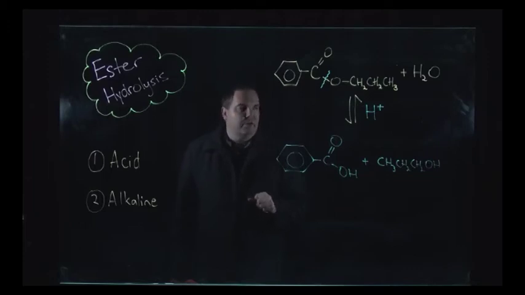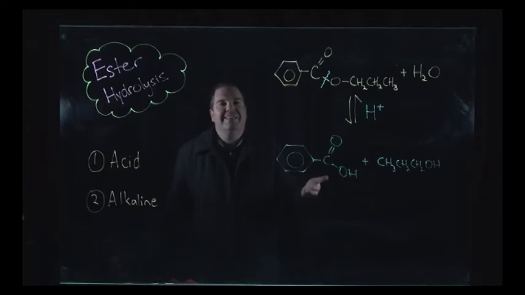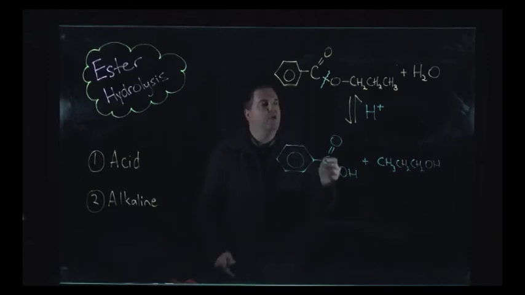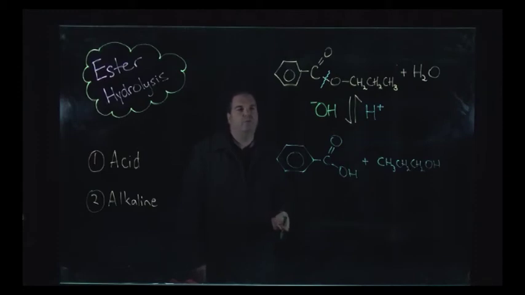Okay, so under acidic conditions, you can see if you've got a non-polar acid, which is insoluble in water, you kind of need to do an alkaline step anyway, or a reaction with a base to make it water soluble to separate it. So what we normally do, okay, and I'll go to a different colour, so hopefully this will show up nicely for you, is we normally do our esters under alkaline conditions. So we use something like hydroxide ions. So we might add in some sodium hydroxide or potassium hydroxide, something like that, doesn't really matter.